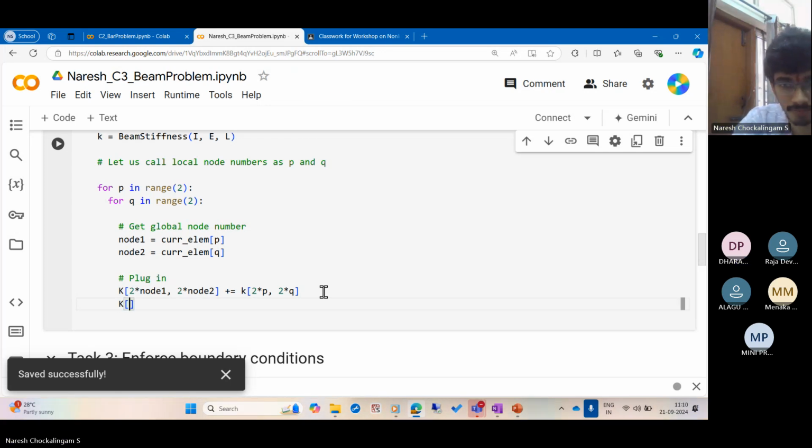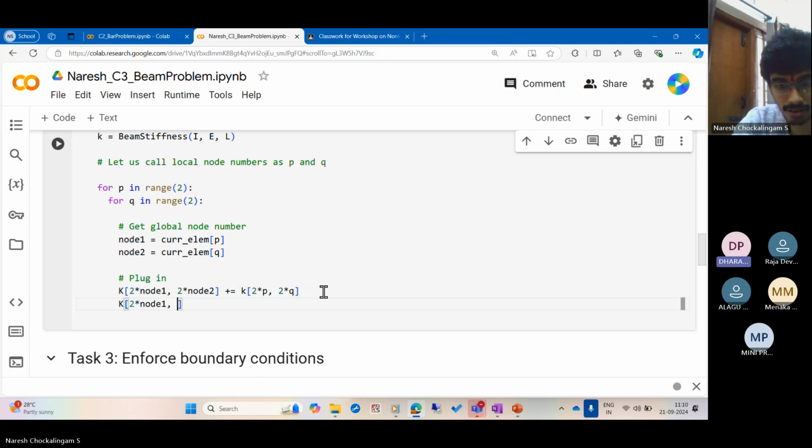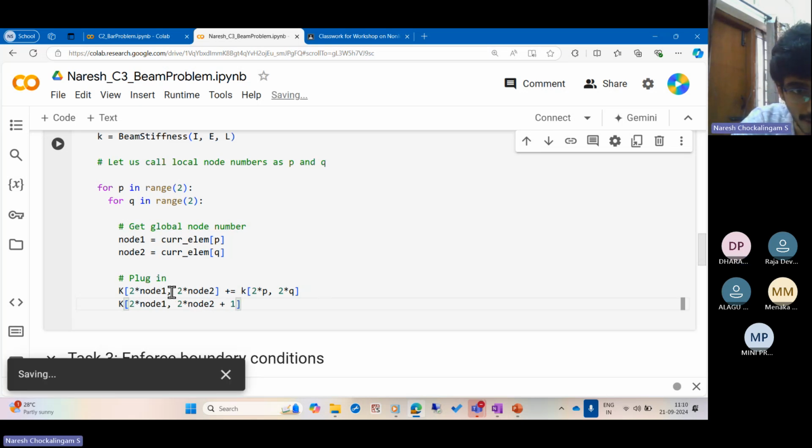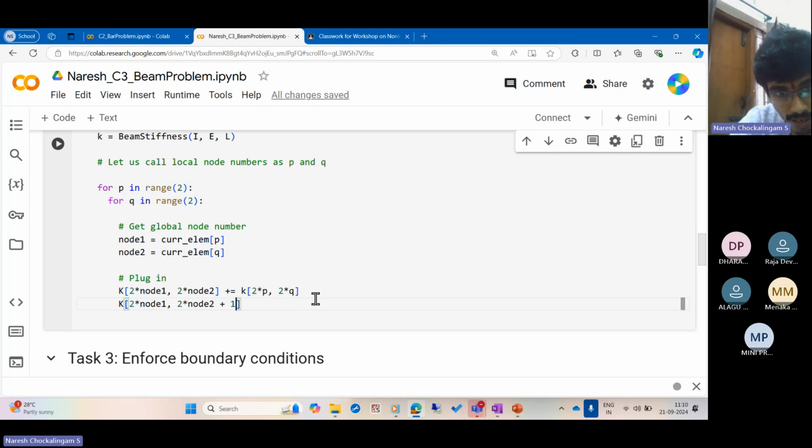So K of 2 star node 1, comma 2 star node 1 plus equal to, K of comma 2 star node 2 plus 1. So for node 1, you want to do this for 2p 2q, 2p 2q plus 1, 2p plus 1 2q, and 2p plus 1 2q plus 1, right?